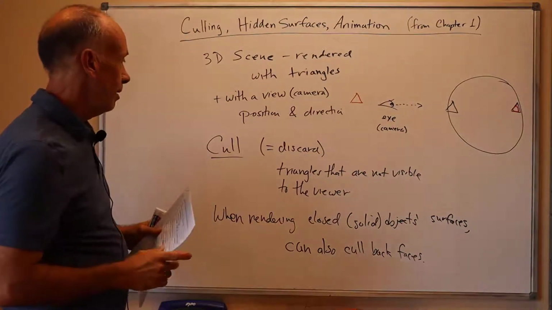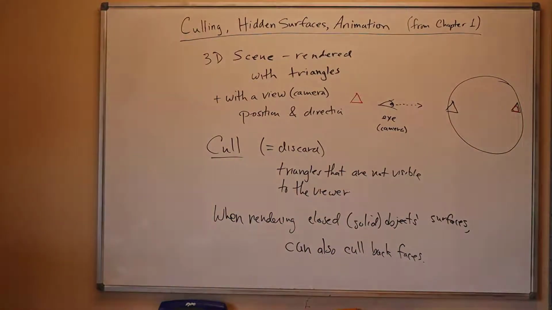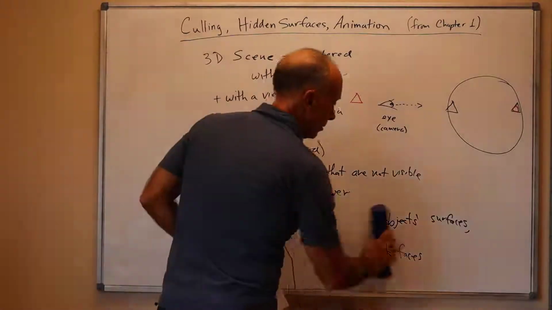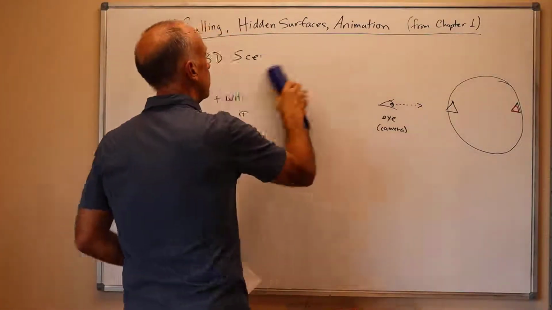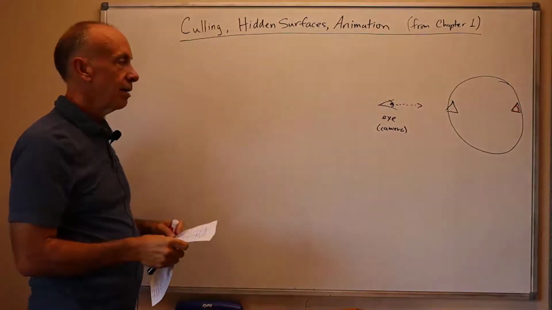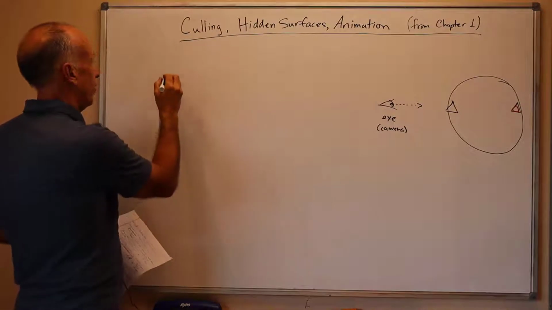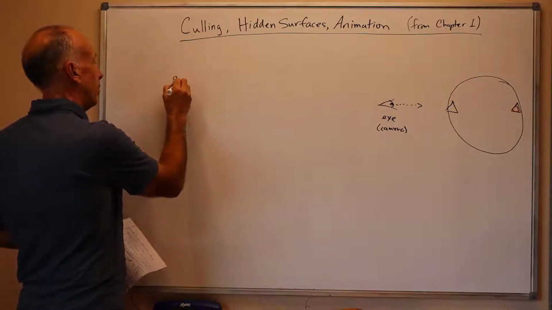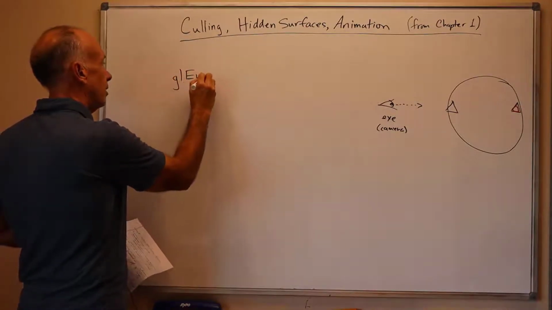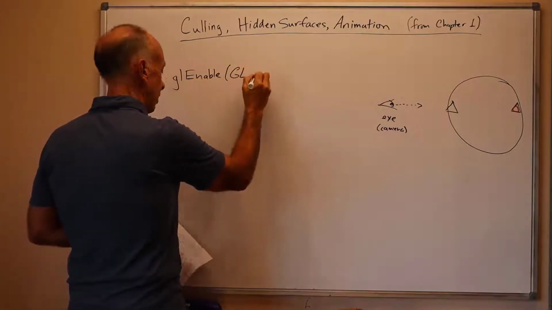So let me talk a little bit more about culling. So pretty much I've already described culling. Let me just give you the OpenGL commands that are used. By default, it doesn't cull back faces, but you can enable culling of back faces by calling glEnable(GL_CULL_FACE).